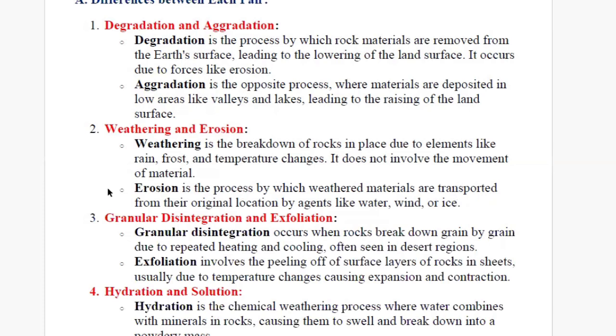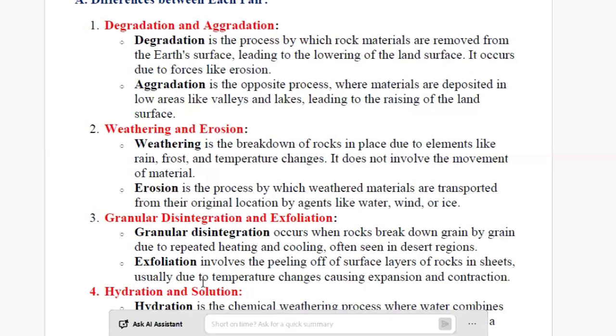So rain, frost, and temperature changes are responsible for weathering, and water, wind, and ice are responsible for erosion.